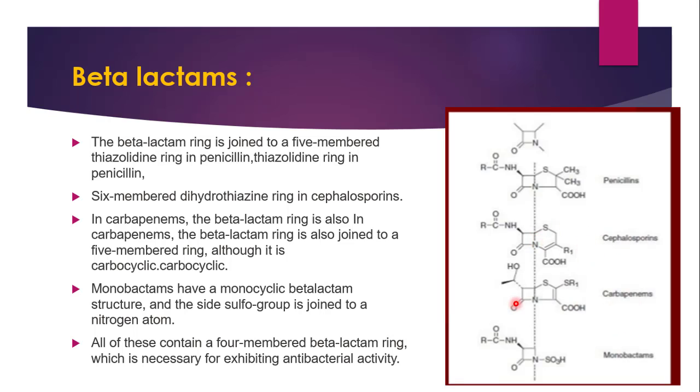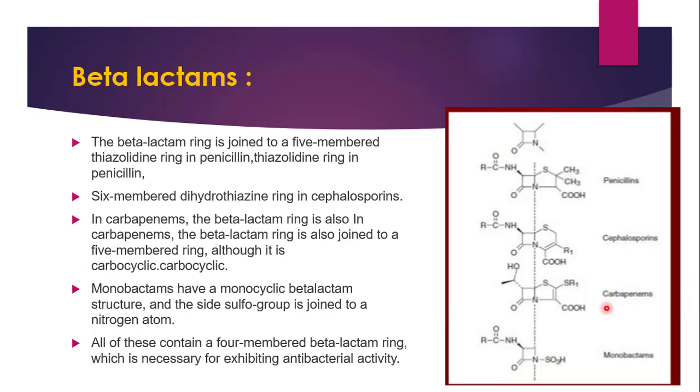Carbapenem is 5-membered, and monobactam has only SO3H. The rest, the left-hand side, is the same: beta-lactam and CONHR. And here is the description: the beta-lactam ring joined to a 5-membered thiazolidine ring is penicillin, and to a 6-membered dihydrothiazine ring is cephalosporin.